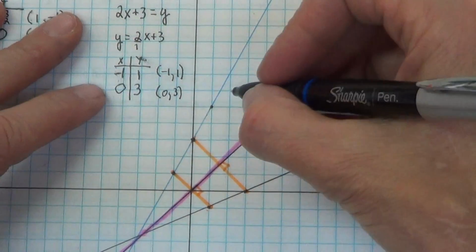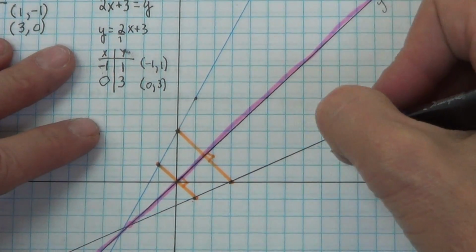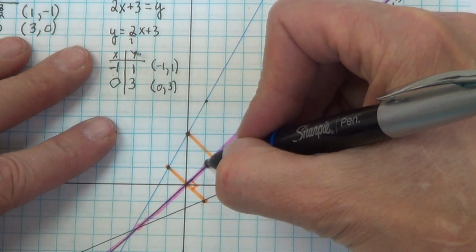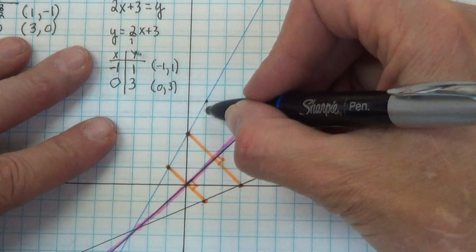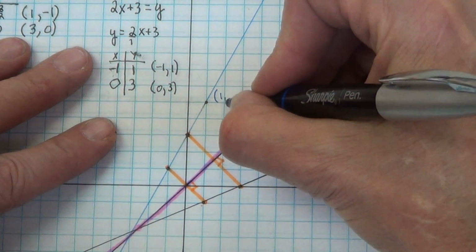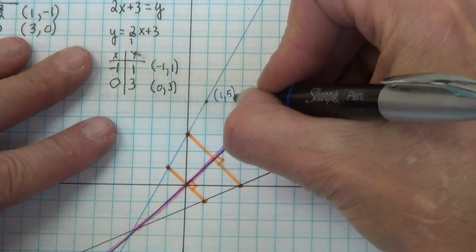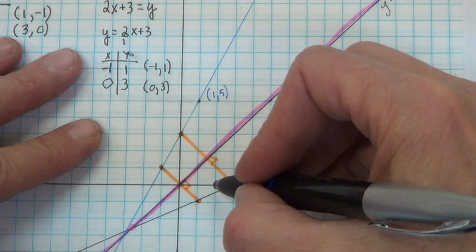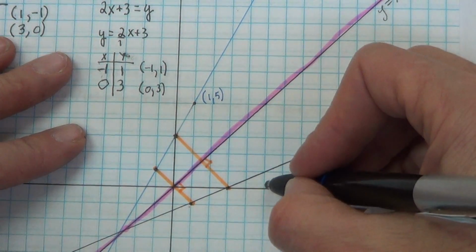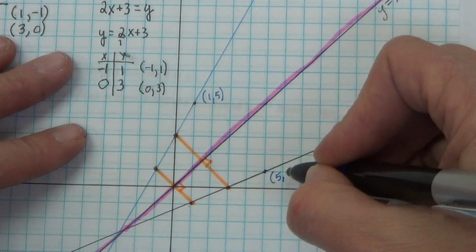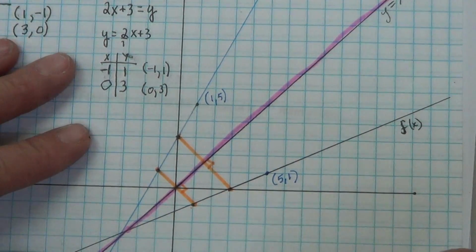Now at this point, we didn't have the inverse plotted over here as a point, so I'll plot it. It is 1, 2, 3, 4, 5, so it is 1, 5. That means that the inverse over here should be 5, 1. 1, 2, 3, 4, 5, 1. Those are the inverse points on the graph.